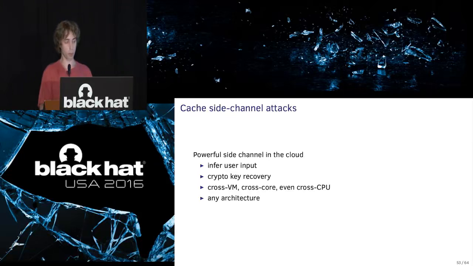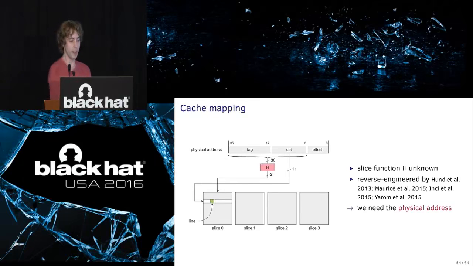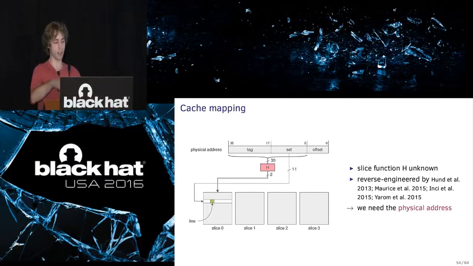Most attacks were on Intel architectures, but there is a USENIX paper by us this year showing that it works on ARM-based mobile devices. That's also fun. But for these attacks, it really helps if you know the physical address, because there is a mapping from physical addresses to the last level cache slices.